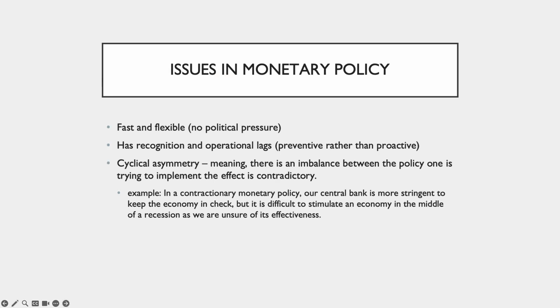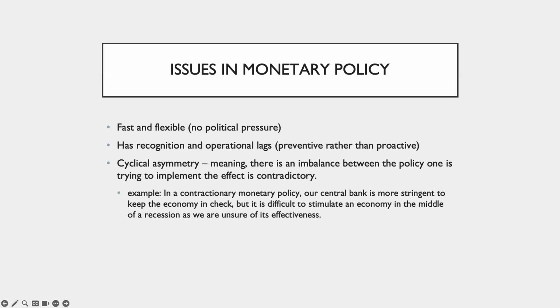However, there is a delay in terms of recognition and operation, rather, there is a delay in terms of recognizing the problem and its efficacy because monetary policies are preventive rather than proactive. So what does this mean?